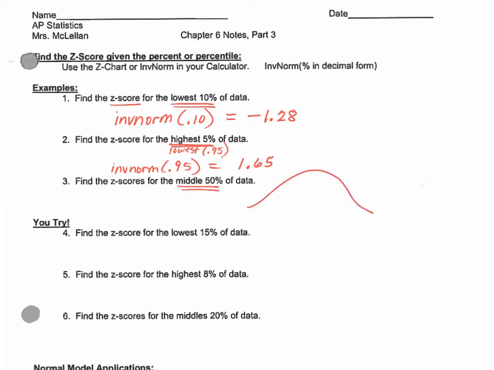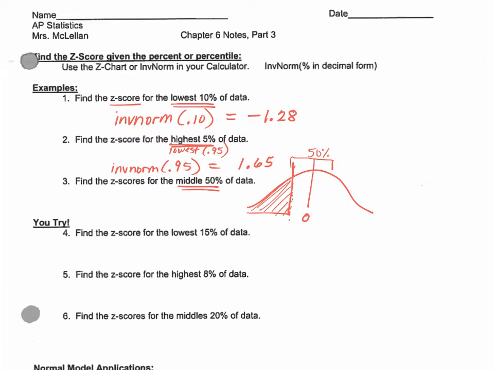All right, now find the z-score for the middle 50%. If I've got the middle 50%, I want you to think of how that's going to look. I have the 50% in the middle, which makes this z-score here above how much?